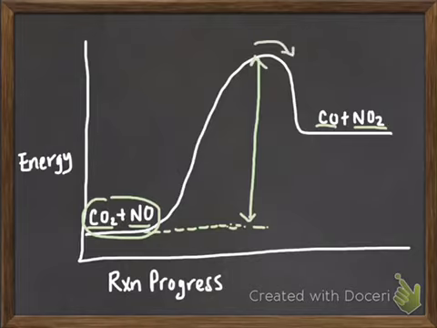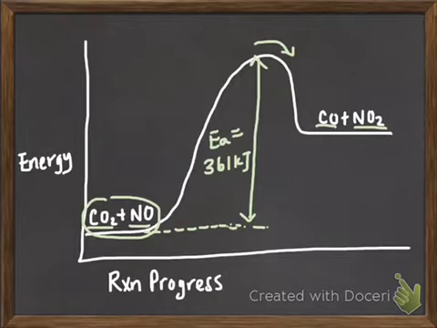So the peak of the curve, from here to the initial energy of my reactants, represents my activation energy, or EA. For this reaction, the activation energy is given to me: 361 kilojoules.